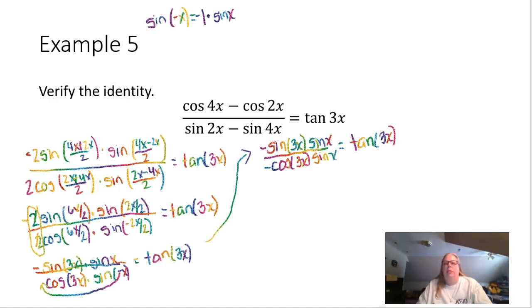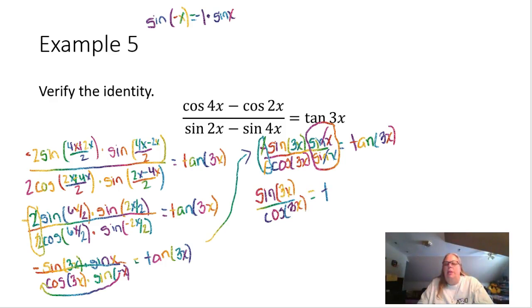If we look at our fraction over here, I can actually cancel out the sines now. So let's do that. And I can also cancel out the negatives, because a negative divided by a negative is a positive. So let's do that. That leaves me with the sine of 3x over the cosine of 3x.